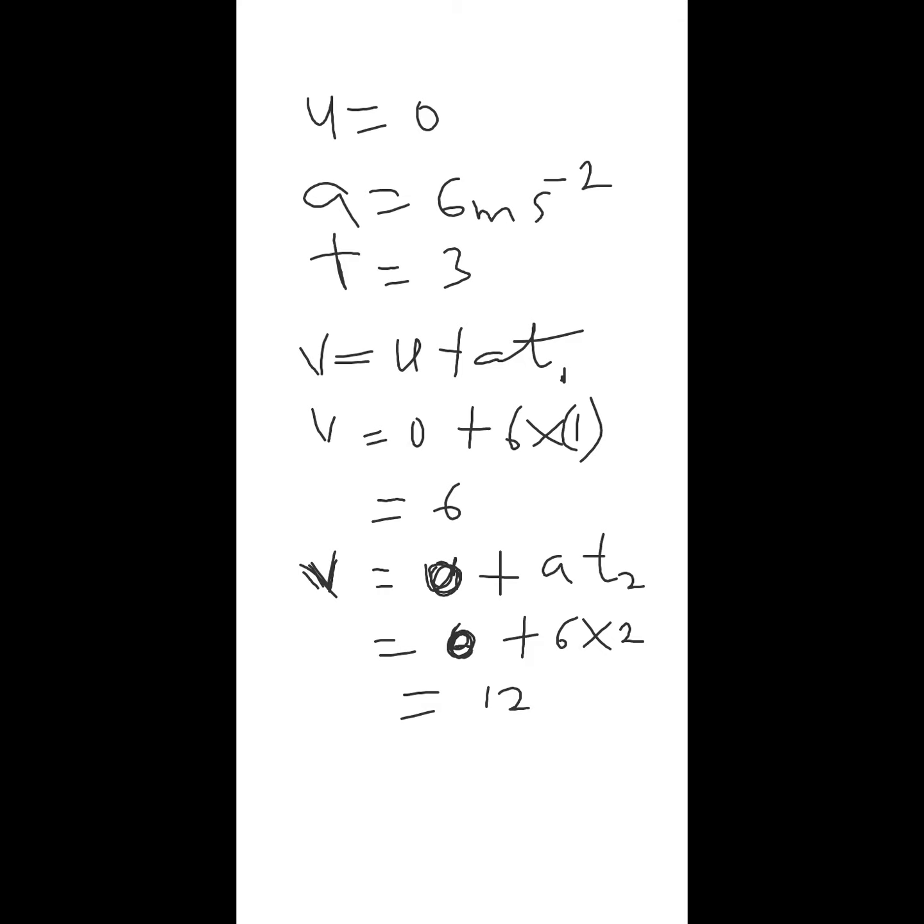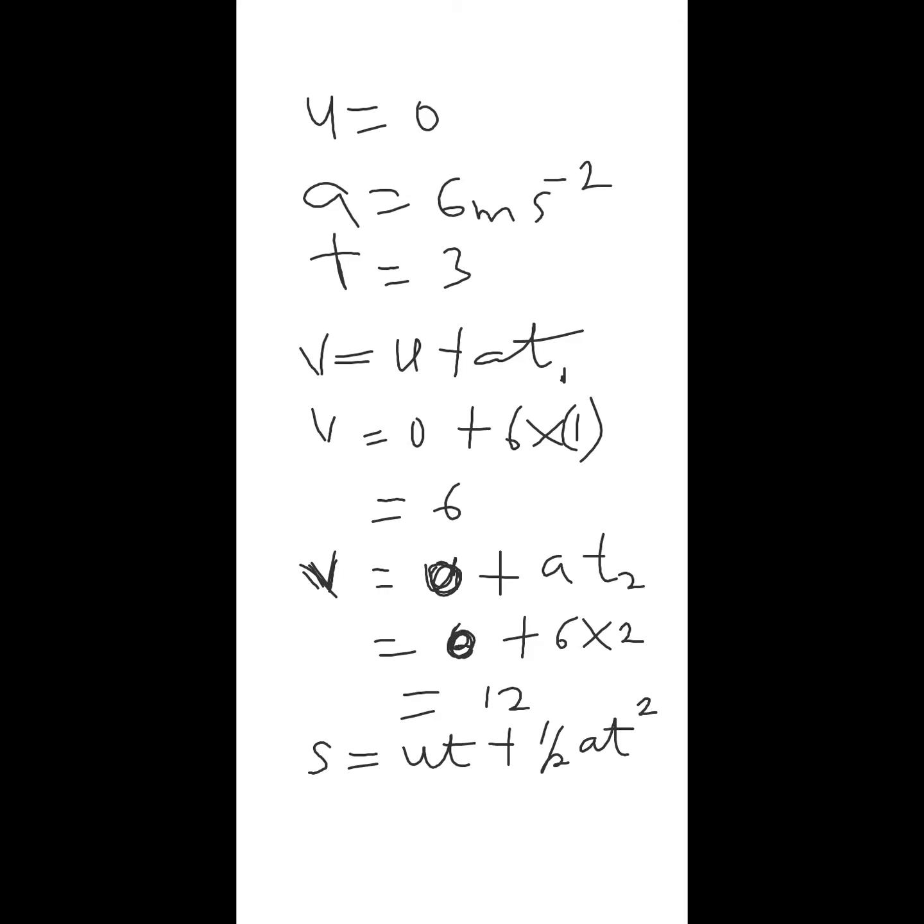So let us now go. You know that we have S is equal to UT plus half AT square. The reason why we are using this now in the third second, this is where I'm going: the velocity that it will get will not be 0, because velocity at the end of second, we know, is 12.